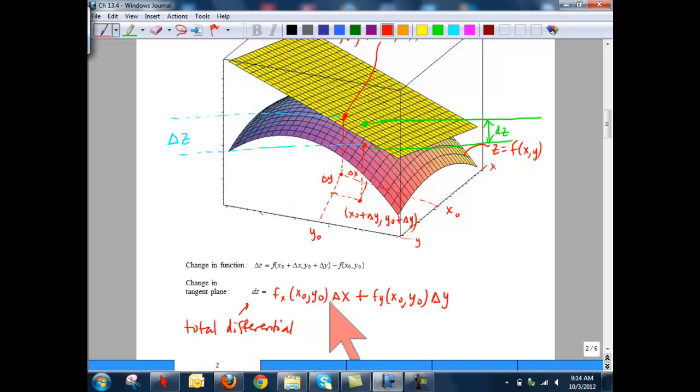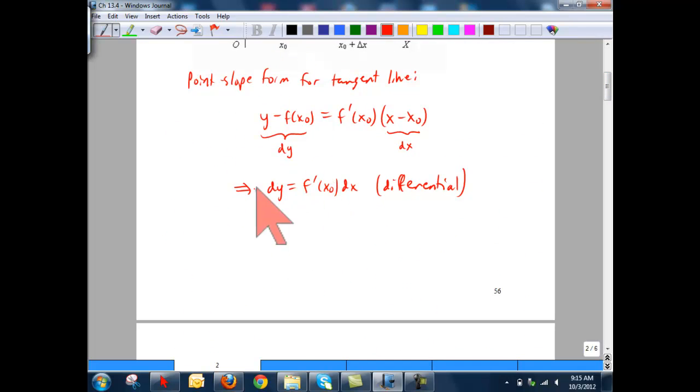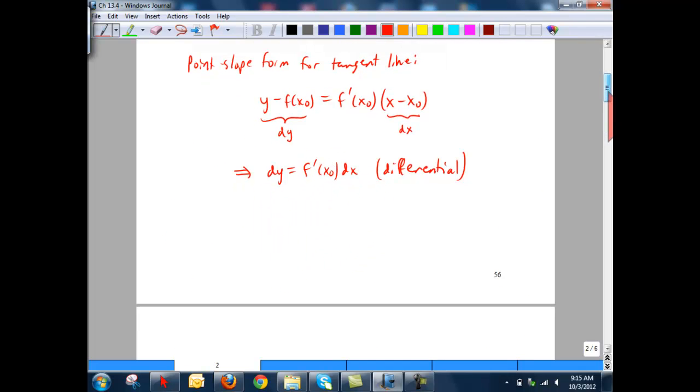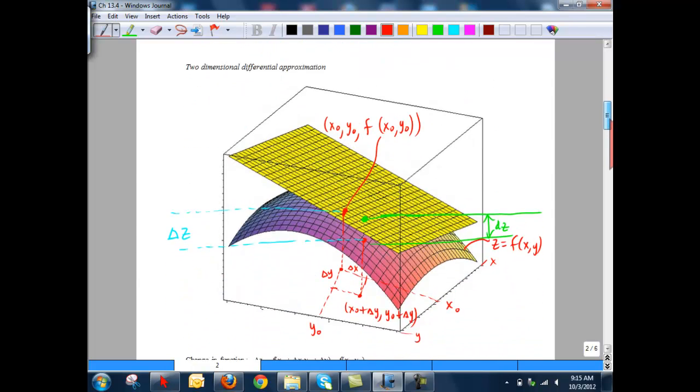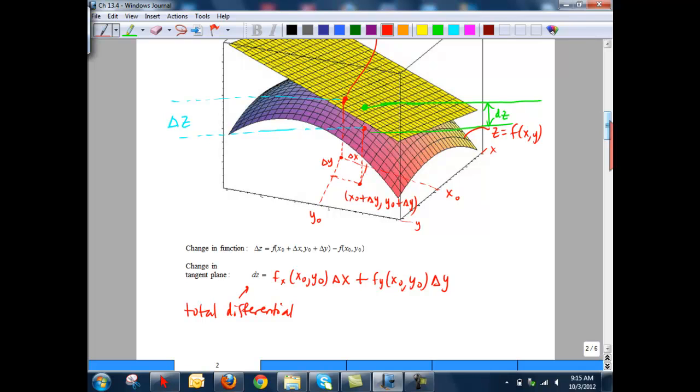And notice that it involves both changes in x and y, and it will require the usage of both partial derivatives. But if I just take one piece of this, say the first term, it's exactly what we had before in the one variable case. So it's basically just doing what we did up above twice and then adding the changes together. And again, we're going to be talking about using dz as an approximation to delta z.